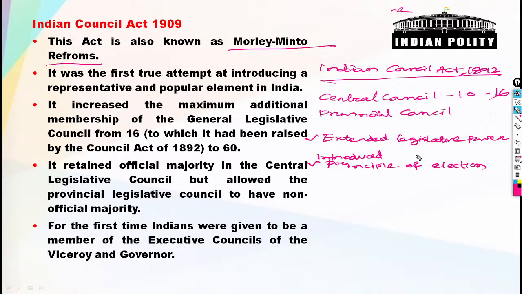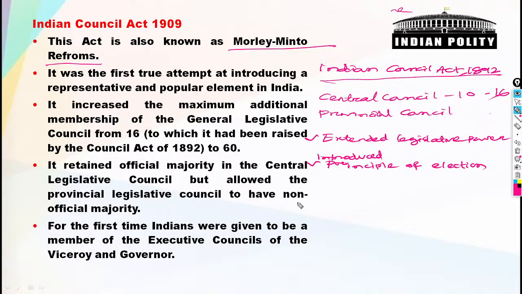At the same time the Legislative Councils at both levels were enlarged by empowering them to discuss any matter and raise questions, including supplementaries. The non-official members were also allowed to discuss the annual financial statement, the budget.